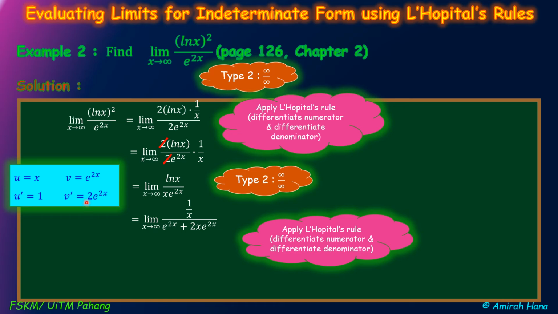The 2 here comes from the derivative of 2x. After that we substitute into the product rule formula, v u prime plus u v prime. So we have e to the 2x, and then 2x e to the 2x.